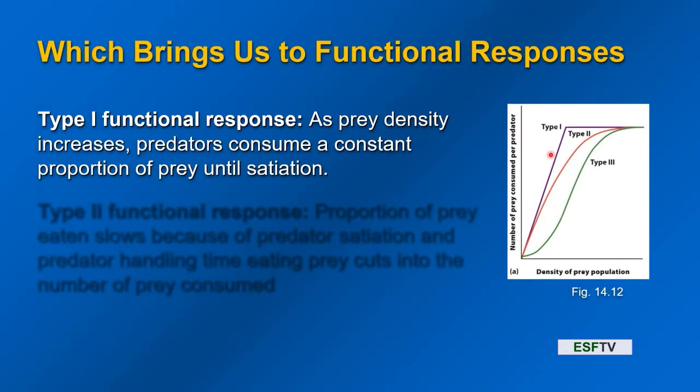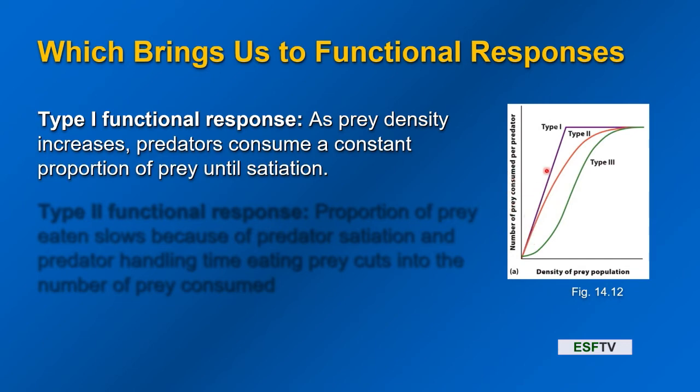And the Lotka-Volterra basically is a type 1 functional response. That is that as the prey density goes up, the predator eats more of them, okay?